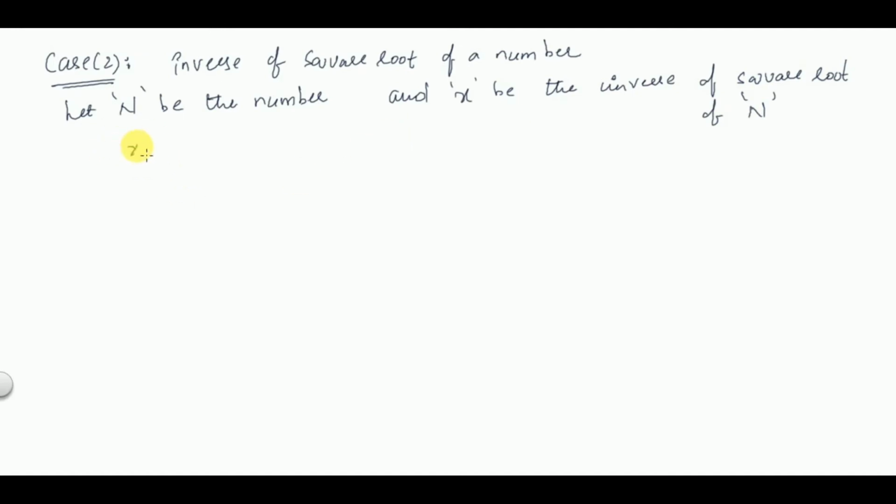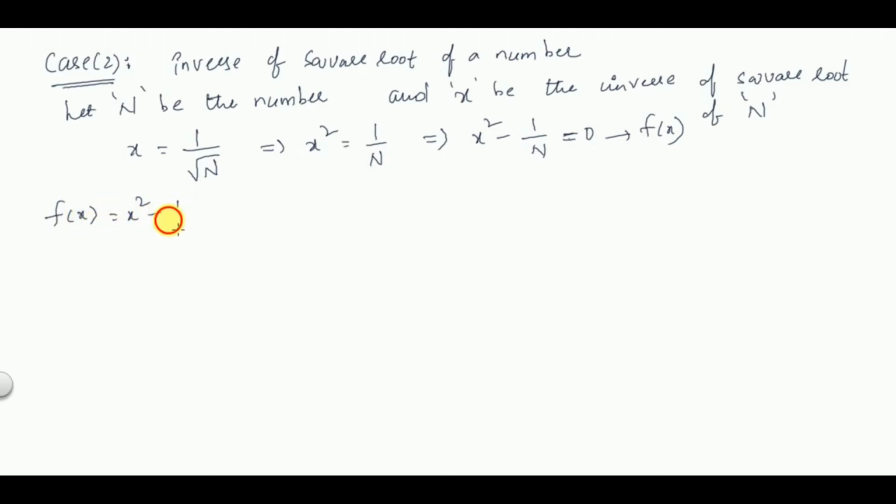That means x is equal to 1 by root n, and x square is equal to 1 by n. This implies x square minus 1 by n is equal to 0. We take this as f of x. So f of x is equal to x square minus 1 by n.